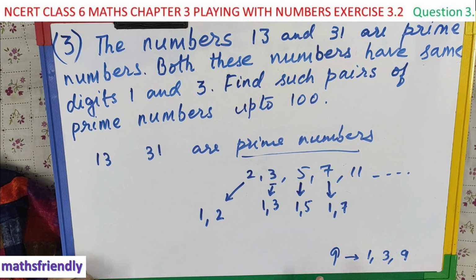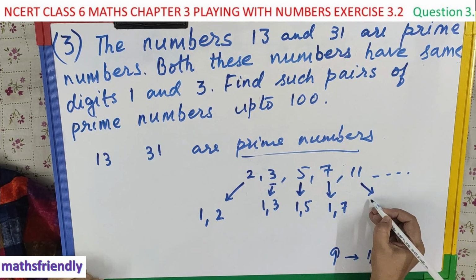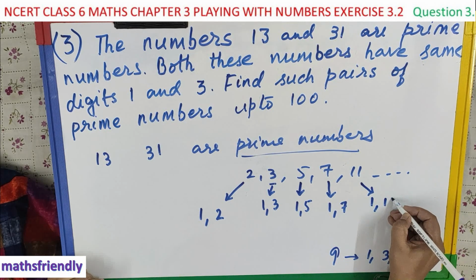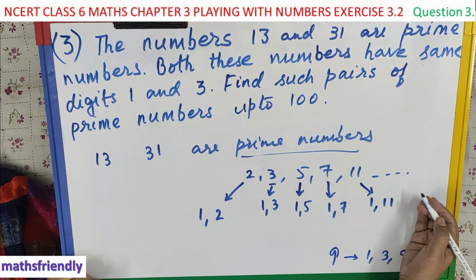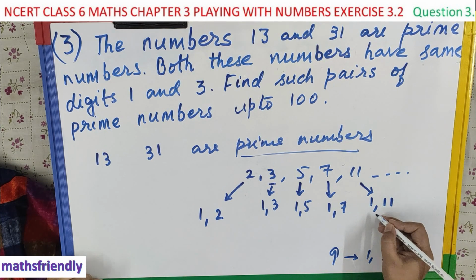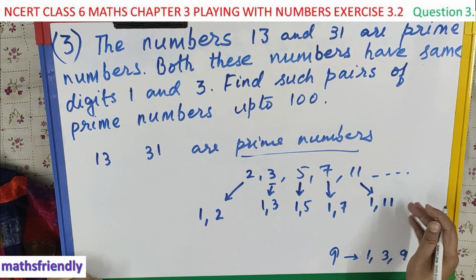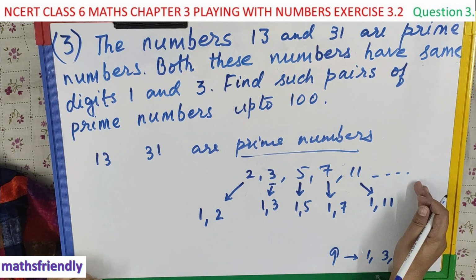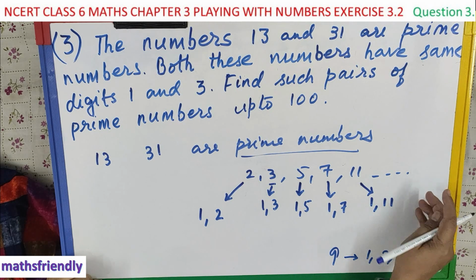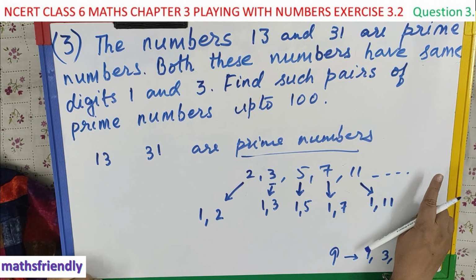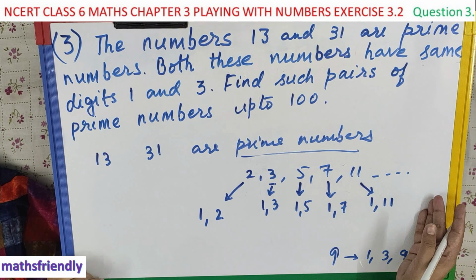A prime number comes only in 2 tables, only in 1's table and the number itself. 11 is a prime number, so it comes in 1's table and 11's table. Like that we have to check each and every number up to 100 and see whether it comes only in 1's table and its own table.